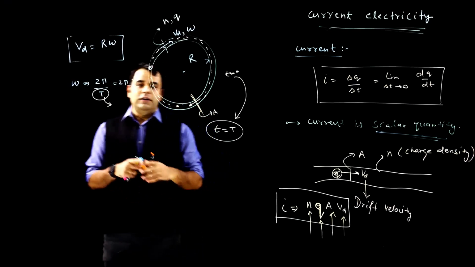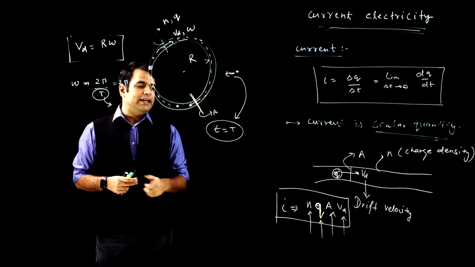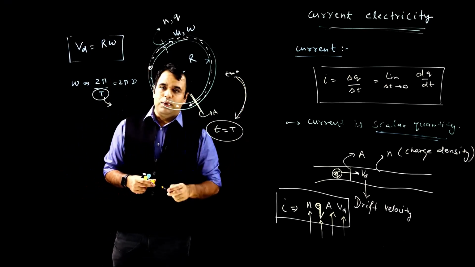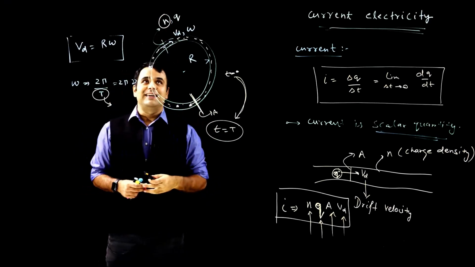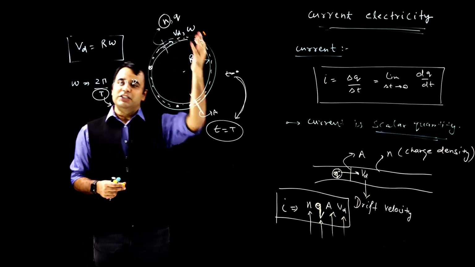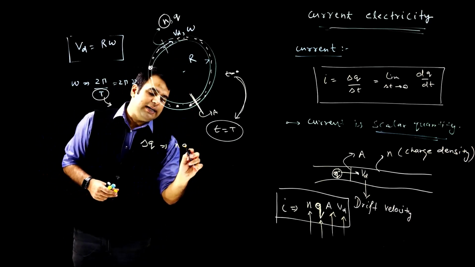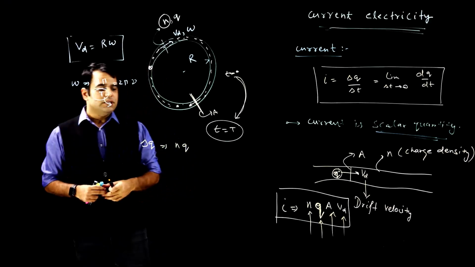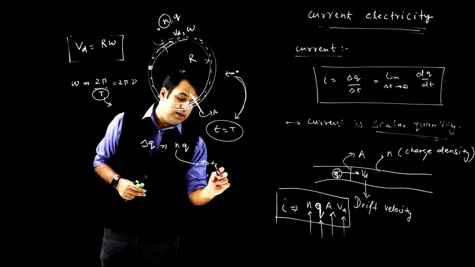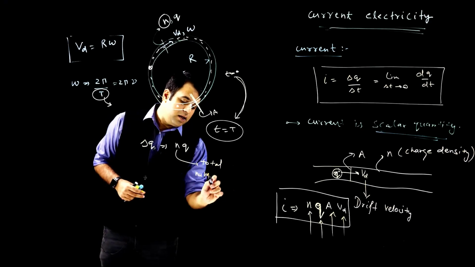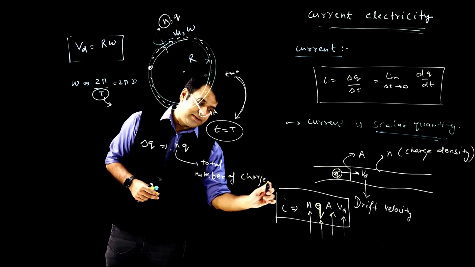So the total charge crossing this cross-section area within this time will be equal to N, the total number of electrons here, multiplied by the charge. So delta Q equals N times Q. Here N is not the density, N is the total number of charges.